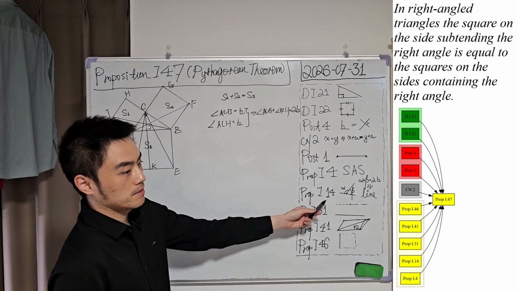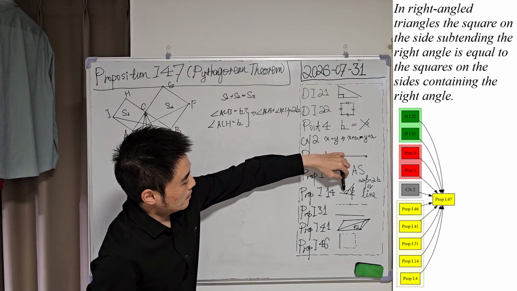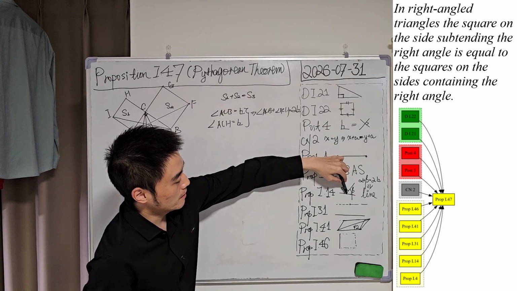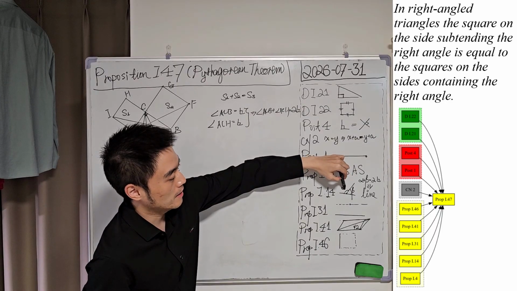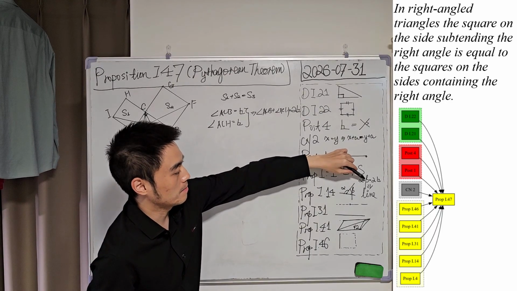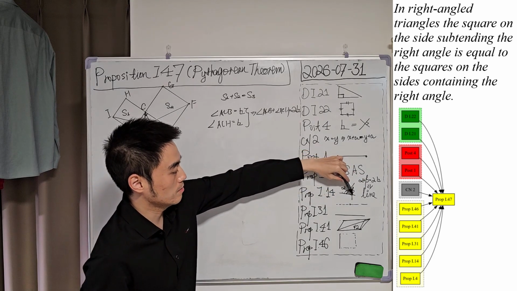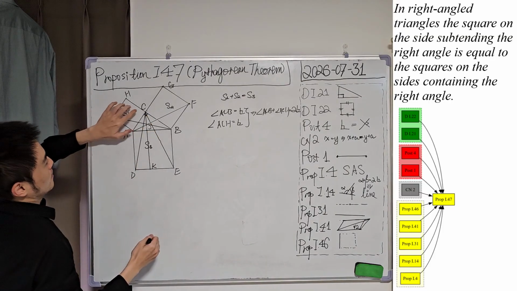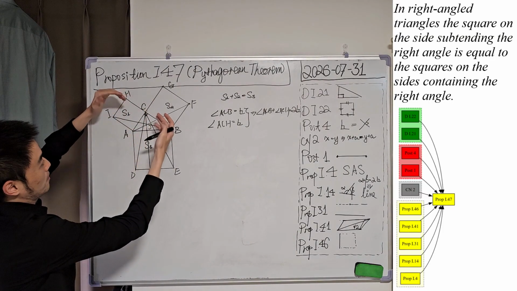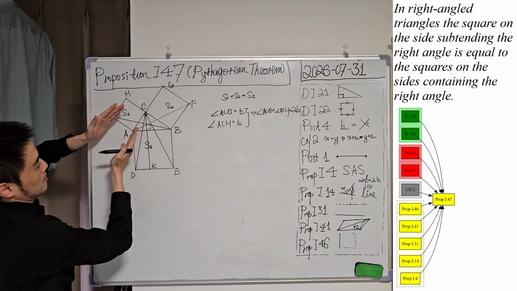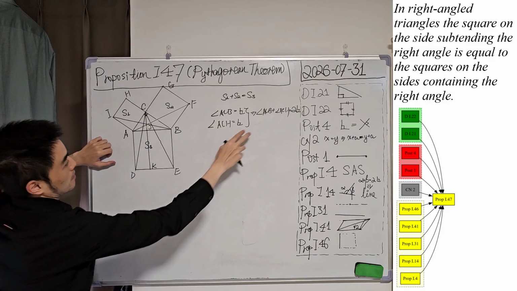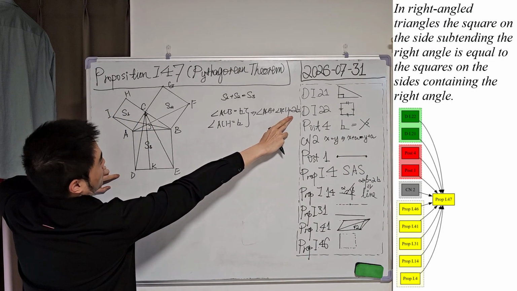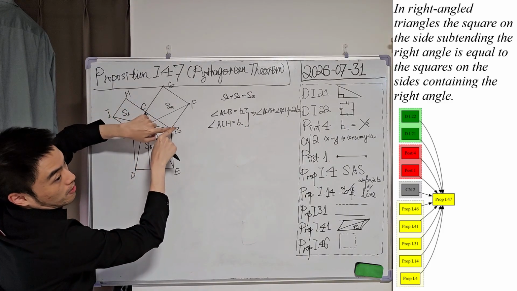Let's think about proposition 14. If two straight lines are falling on a point of a straight line and they are not on the same side, and the sum of the adjacent angles is two right angles, then these two straight lines are in the same line. For example, we have the straight line AC and point C, and HC and CB are falling on different sides of AC, and the adjacent angles ACB plus ACH are two right angles, which means HC and CB are in the same straight line.